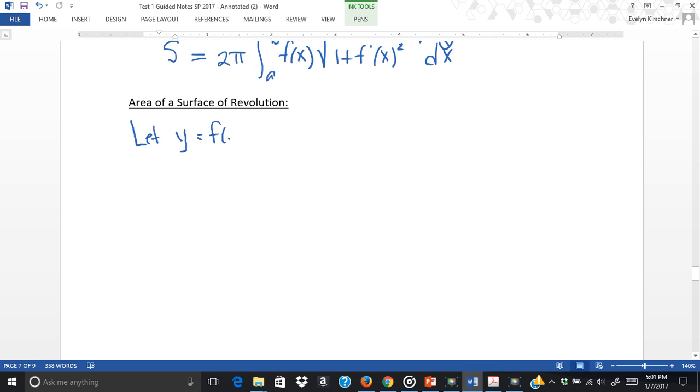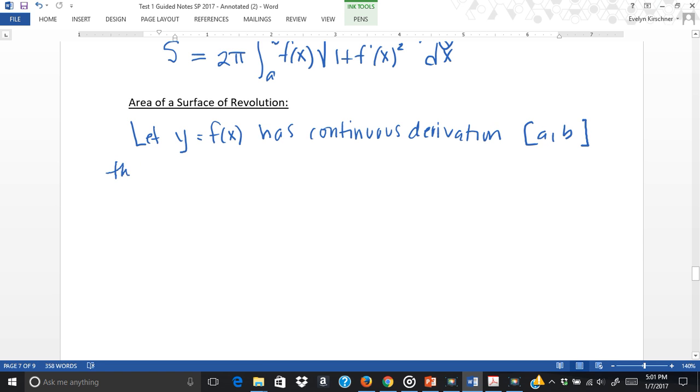So for a formal definition, I'm going to let y equal f of x be a function. It has a continuous derivative on my interval [a, b].